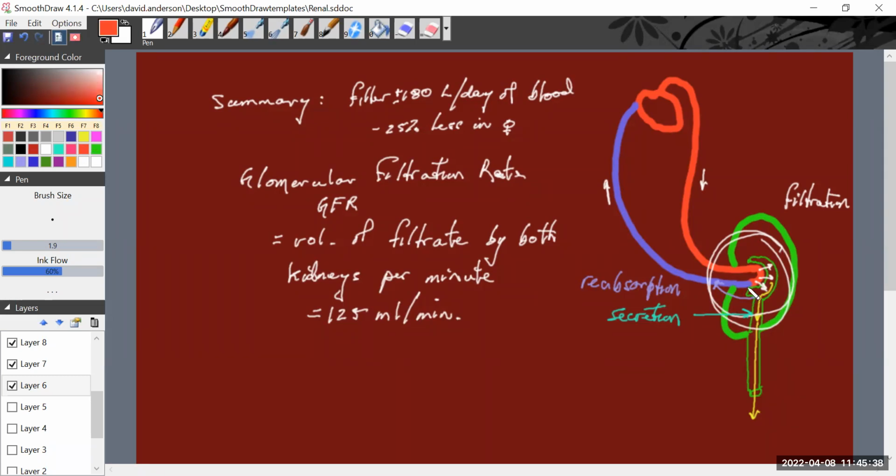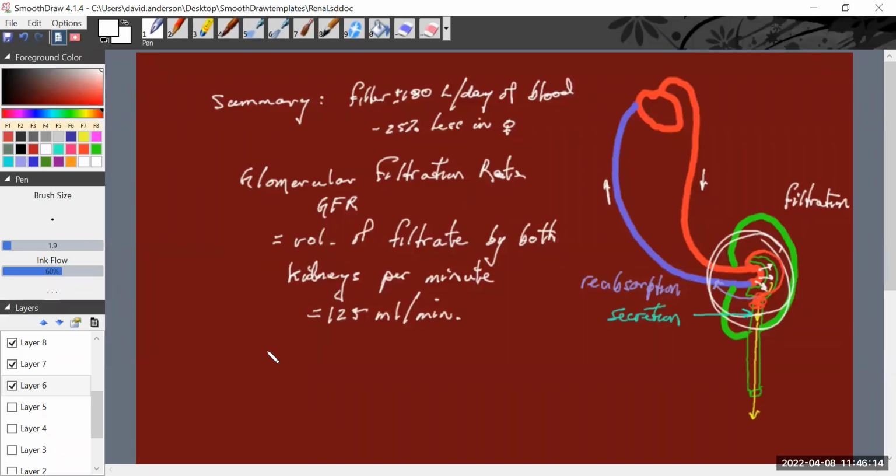So if we wanted to complete this drawing a little bit, we would have an arterial that left and circulated the tubular system to allow for that reabsorption and secretion to occur. Are you following this okay so far? Yes, no? Yeah, okay.